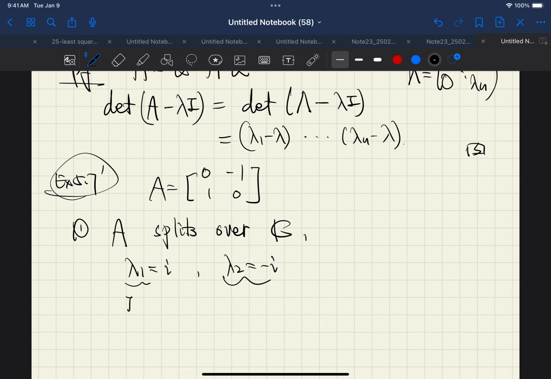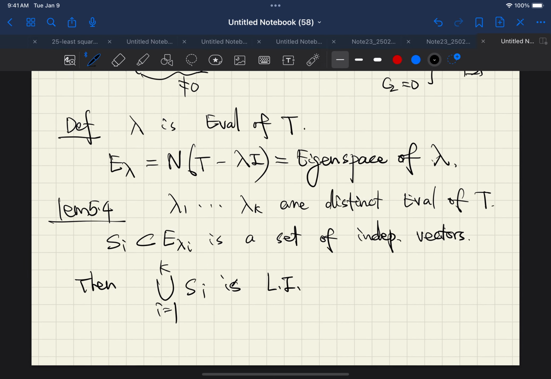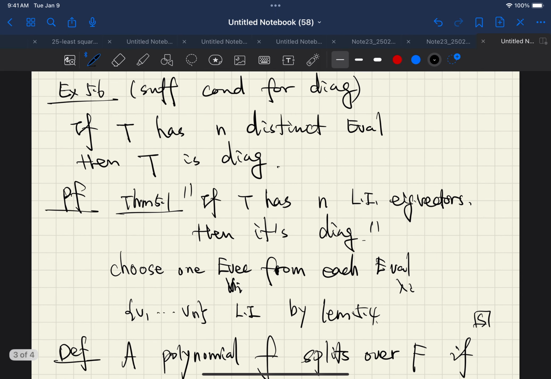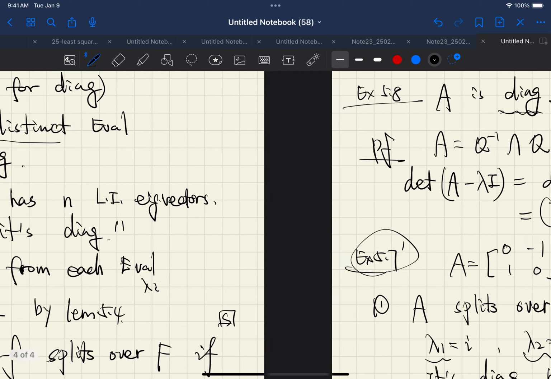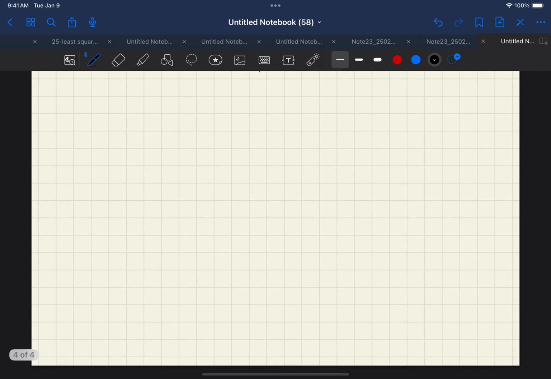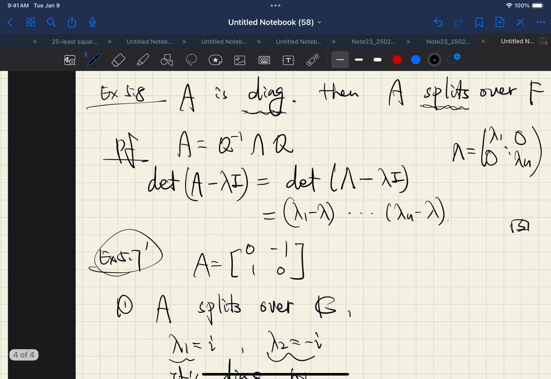So it's diagonalizable by example 5.6, if you have distinct eigenvalues. So this is a sufficient condition.